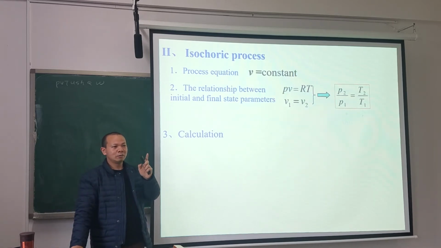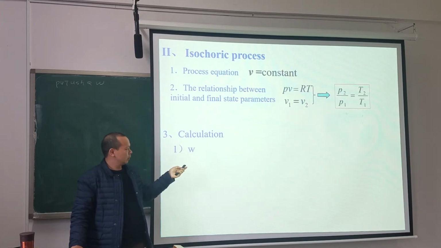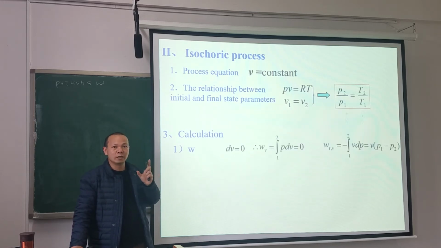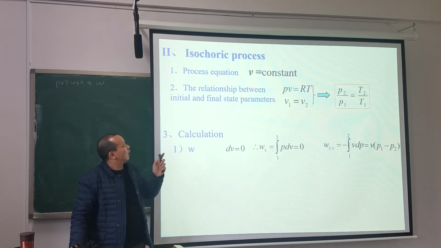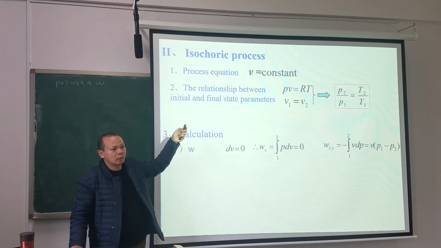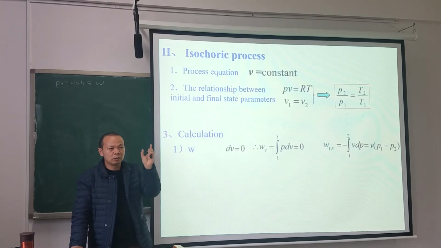Next, step 3. Let's try to calculate the W. How to calculate the W? Because dV is equal to 0, we know the expansion work is equal to 0. But if we say for an isochoric process, or the constant volume process, the system cannot do work to the surrounding. Do you think it is right or wrong?